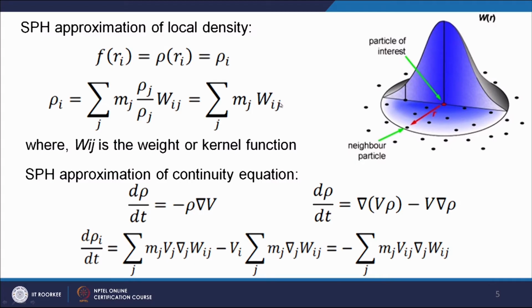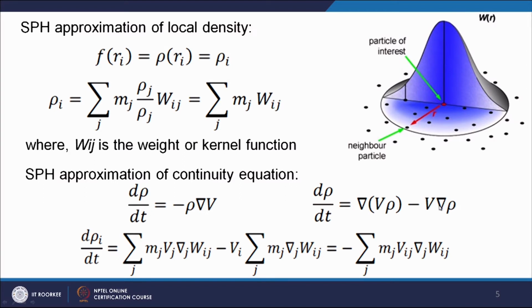Now, if we try to write down the continuity equation, you know that I have already shown you the continuity equation: d rho dt equals minus rho into delta dot v, which can be simplified as delta dot of v rho minus v into delta rho, by using differentiation by parts.